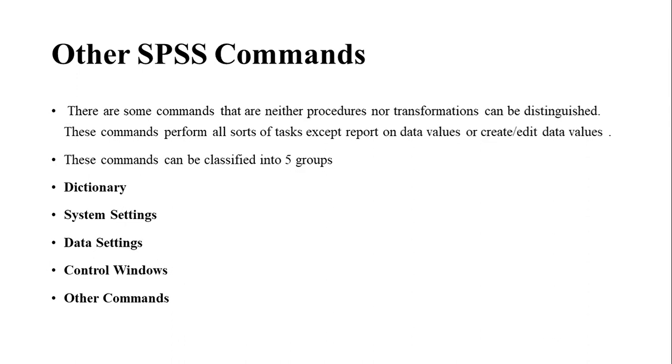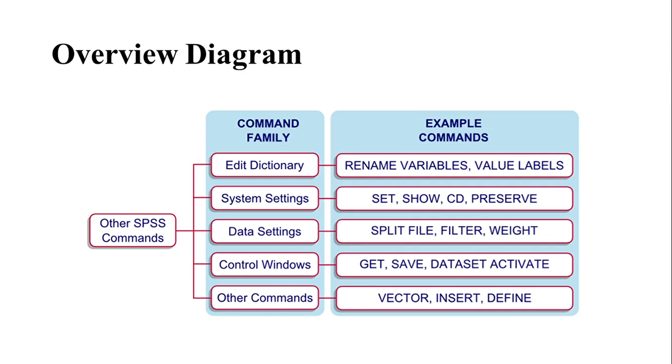These commands can be grouped into five. We have what are called the dictionary commands, the system settings, data settings, control windows, and we also have other commands. We are going to start with the dictionary. So this is the general overview of all the commands.